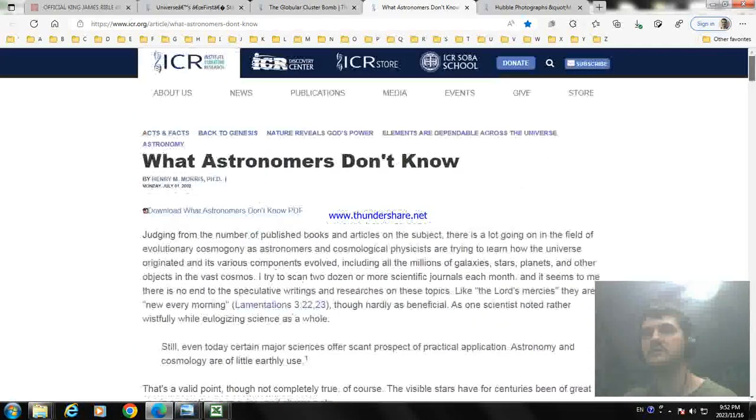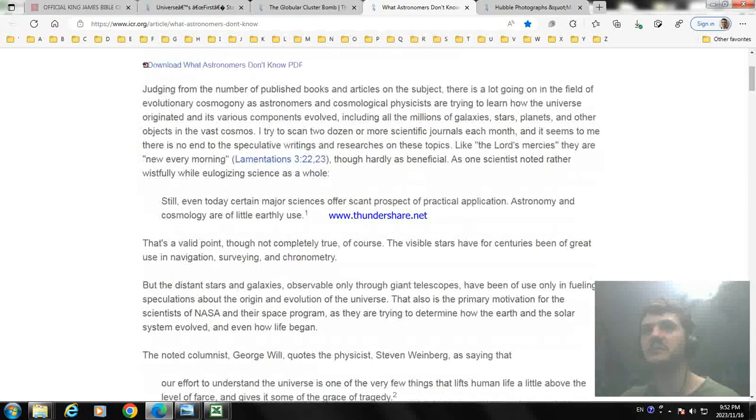Okay, and there's another one right here. So, what astronomers don't know. Let's read this. Judging by the number of articles published on the subject, there's a lot going on in the field of evolutionary cosmology, and astronomers and cosmological physicists are trying to learn how the universe originated and how its various components evolved, including all the millions of galaxies and stars and planets and other objects in the vast cosmos.